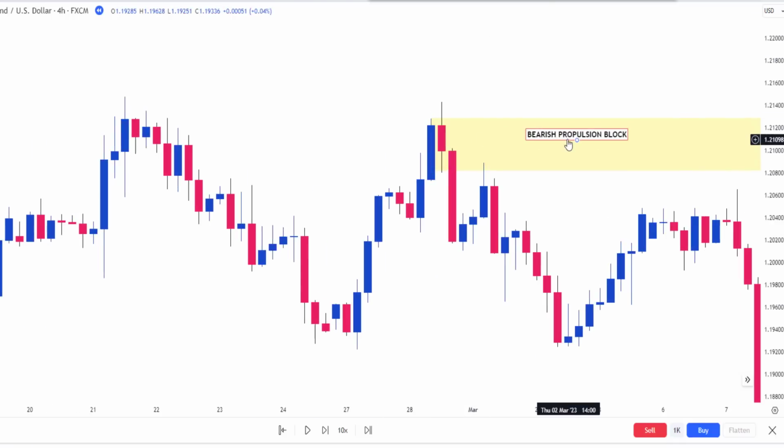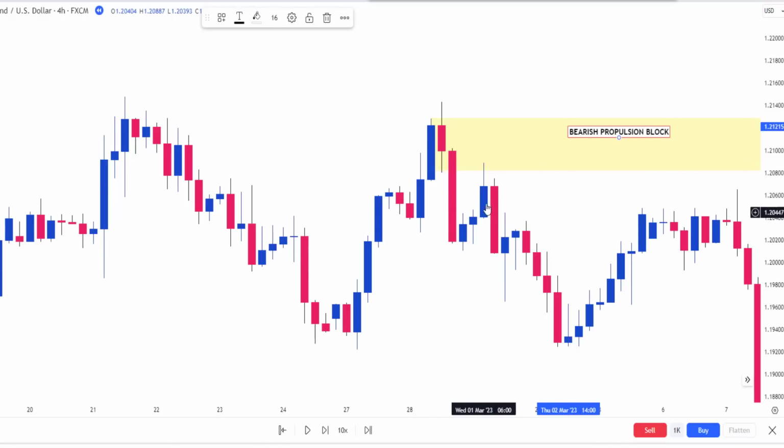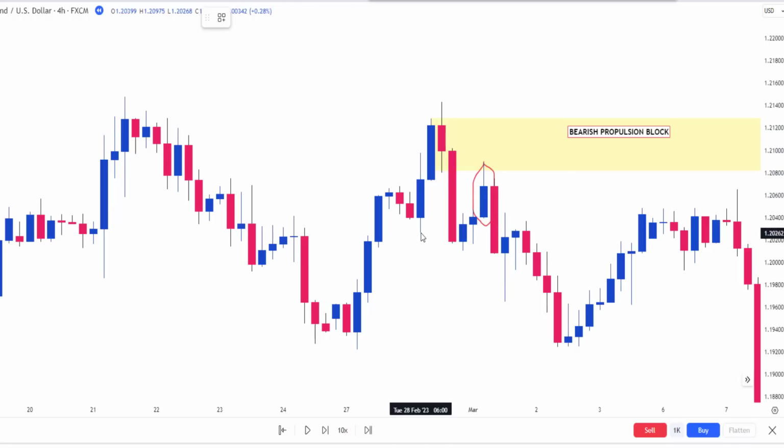This is a bearish order block, and then we have price trading back into it, after having this short-term break of structure. I'm using this place because I can see this candle closing below this low.